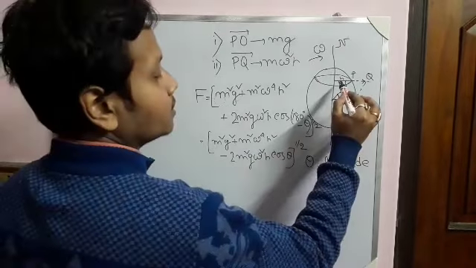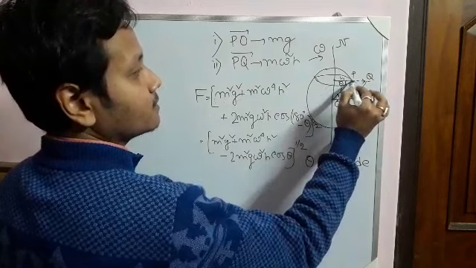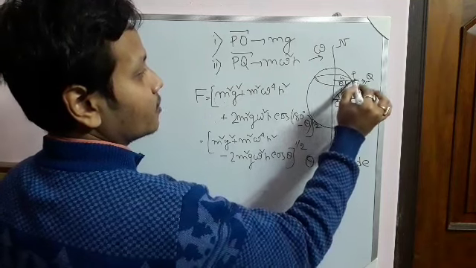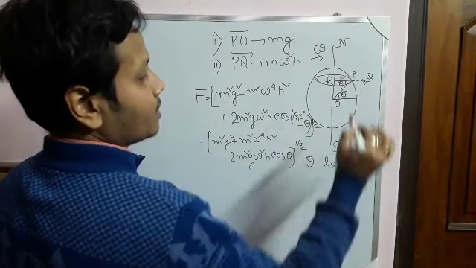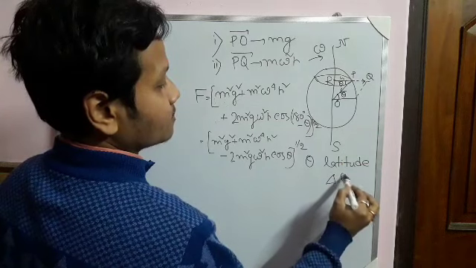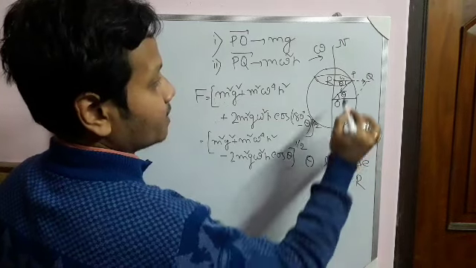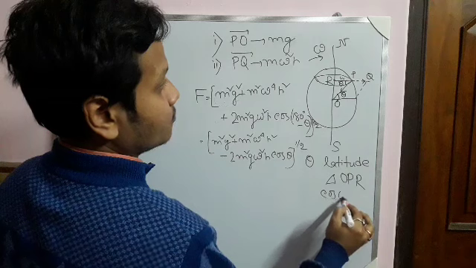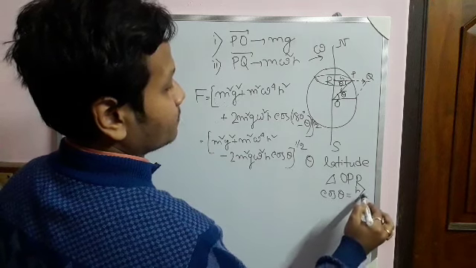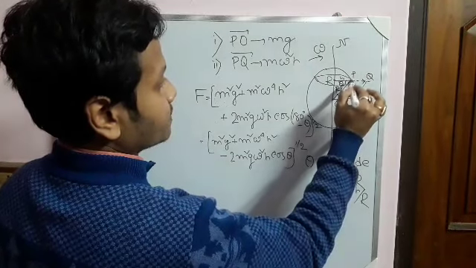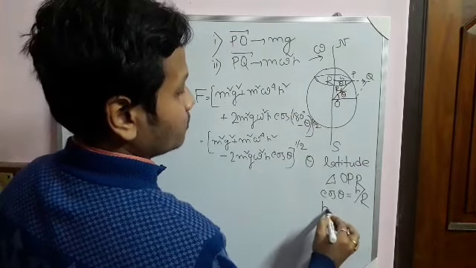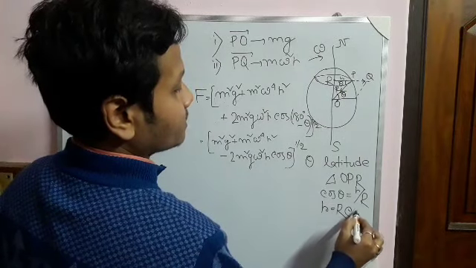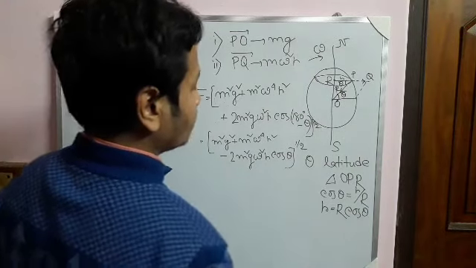Now if you see this picture, this triangle, give it the name R. From this triangle OPR, you can write cos theta equals small r by capital R, provided this is the radius. So small r is capital R cos theta.